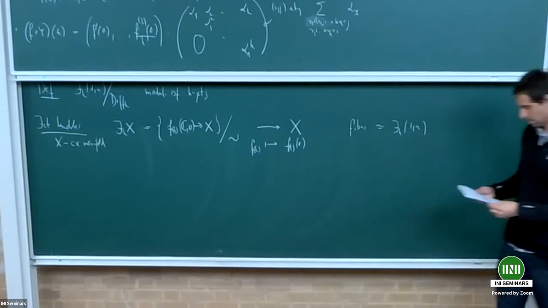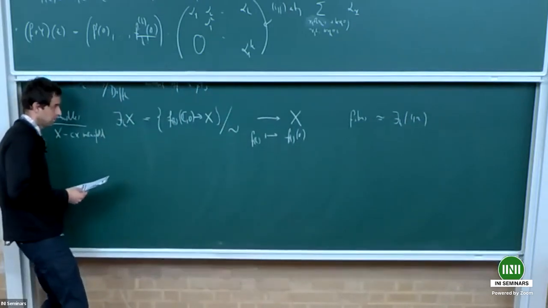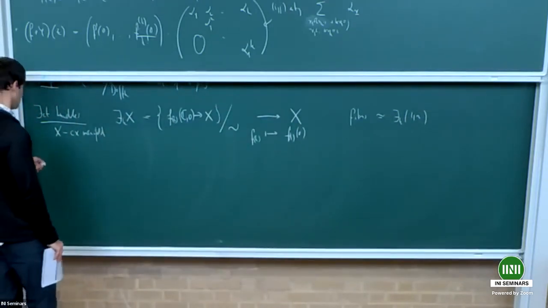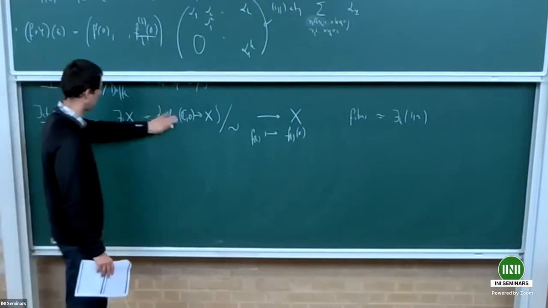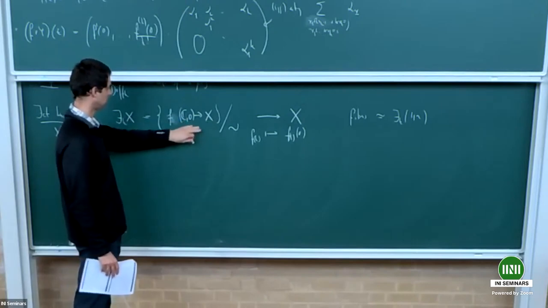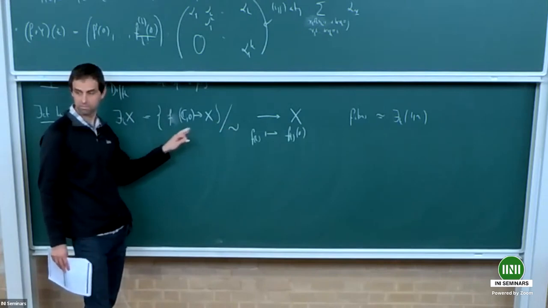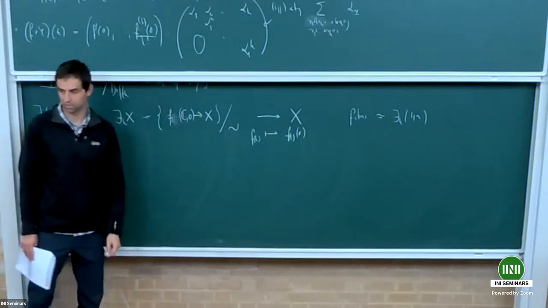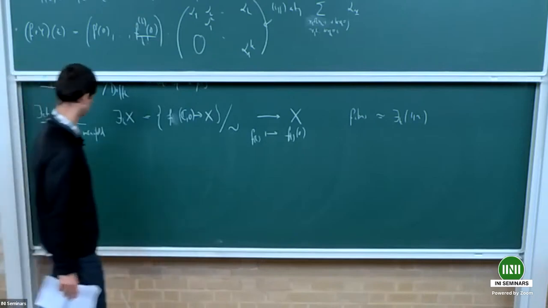We have to be careful here. Let's say f is a map from C to X, and there's this equivalence relation which says f and f prime are the same if the first K derivatives are the same at the origin.